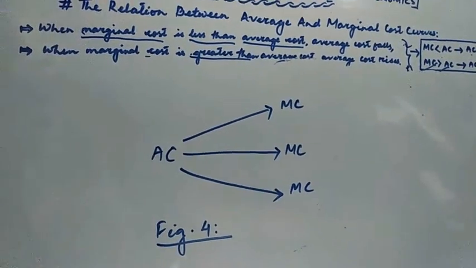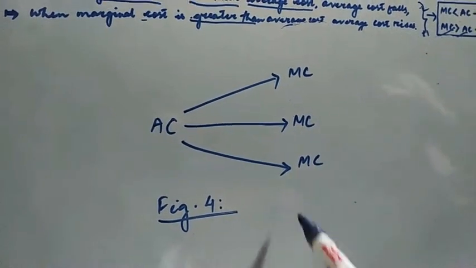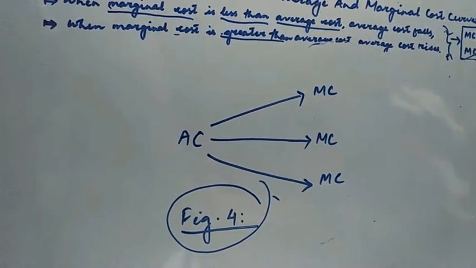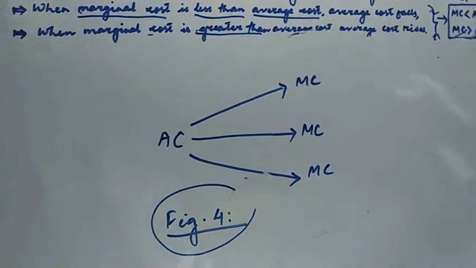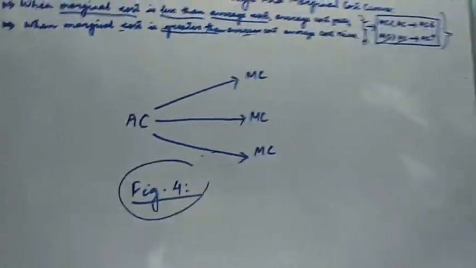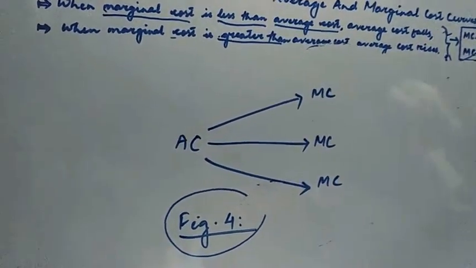So the relation between average cost and marginal cost can be easily remembered or understood with the help of figure 4. This figure is usually used to explain the relation, which will help you to remember easily the relation between average cost and the marginal cost.